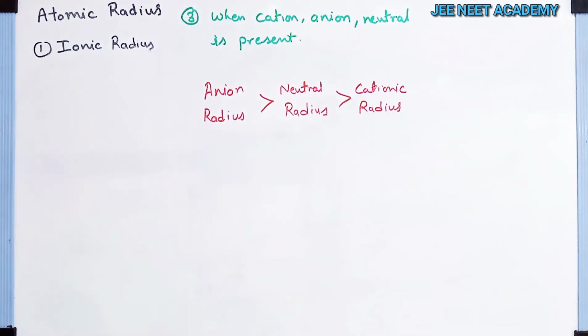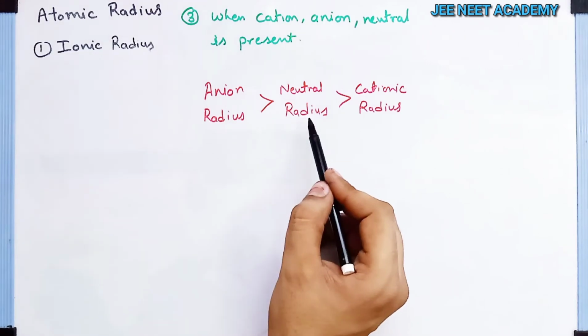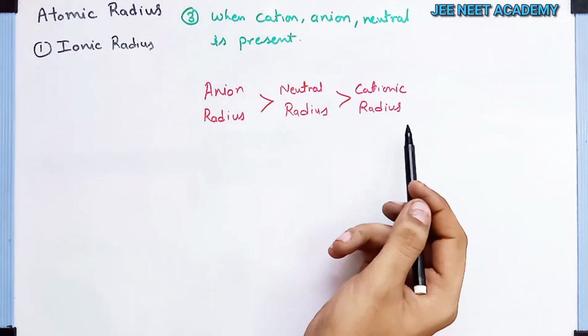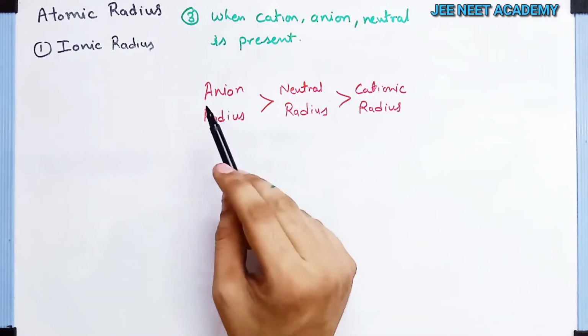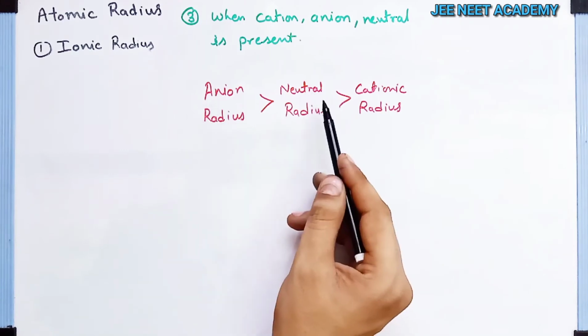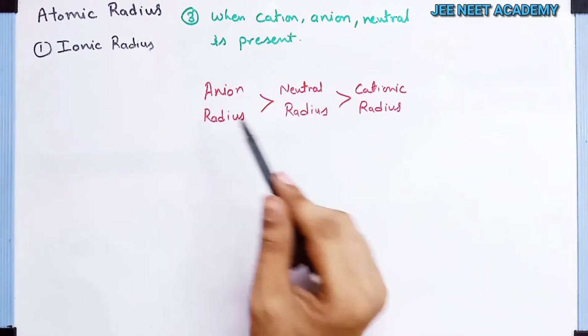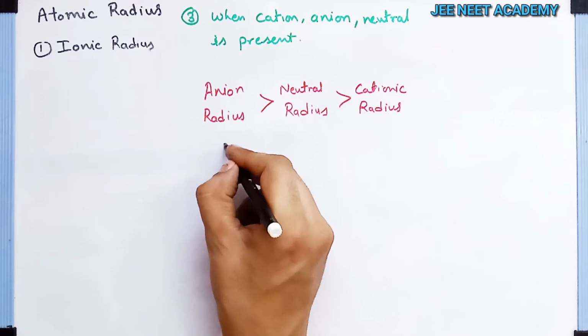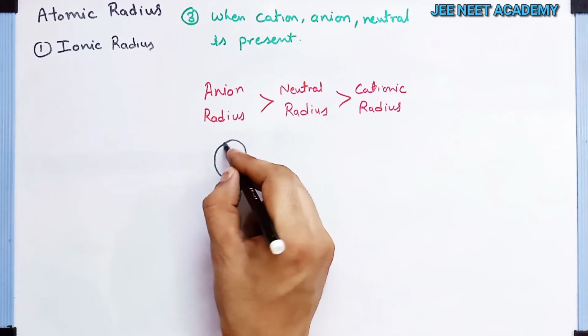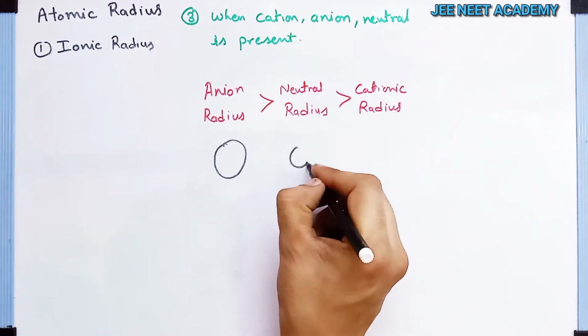The concept is same as we discussed in the last two cases. Neutral will have more size than cations, and neutral will have smaller size than anion. Anion size will be more than neutral.